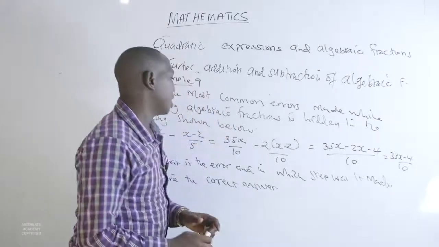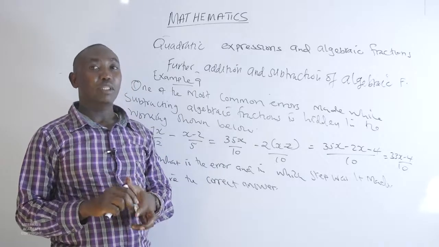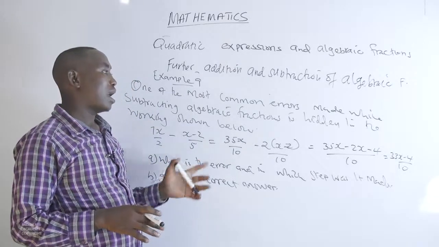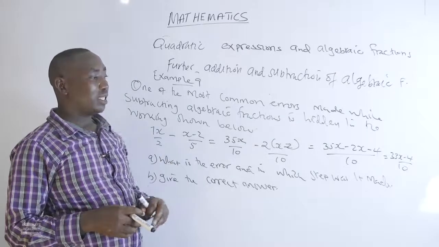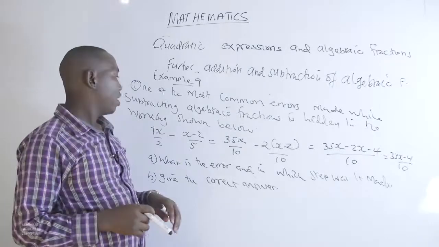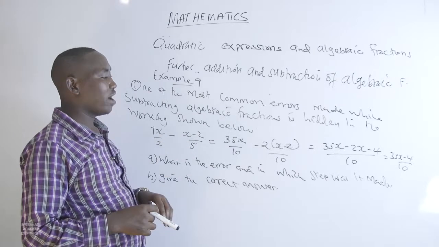Now we have been told that there is a common error that most students normally commit whenever they are subtracting fractions. And we have been given here an example where that particular error has been hidden. We had 7x over 2, subtract x minus 2 all over 5.